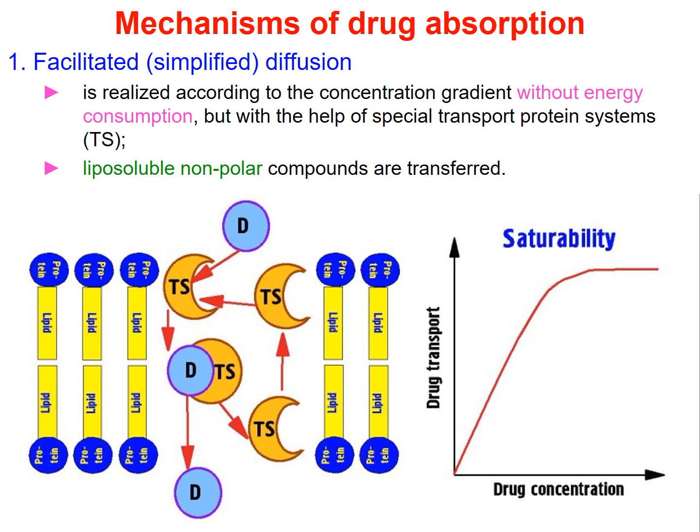transport protein systems. These transport systems are specific proteins which are incorporated in the cell membrane, which can bind with the drug molecules and form specific transport drug complex, which transports this drug molecule to the opposite side of the cell membrane, where the drug molecule is released into the cytoplasm of the cell, for example.